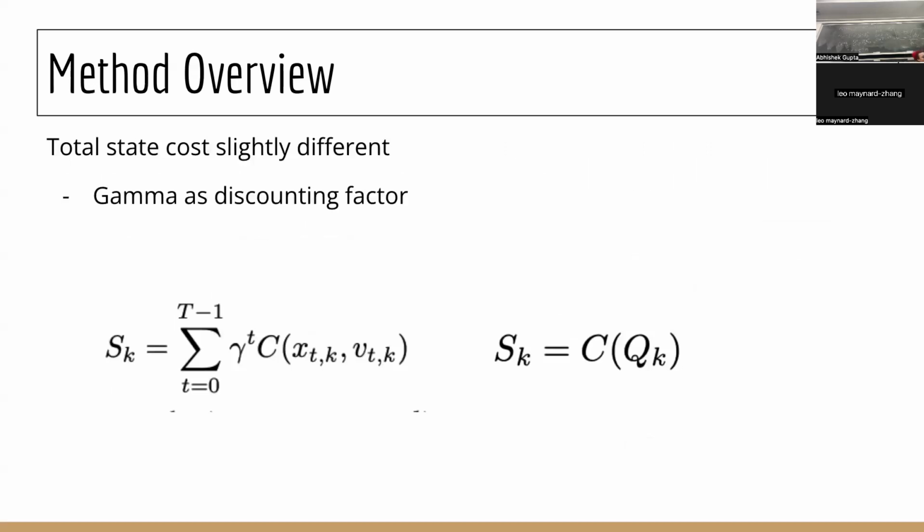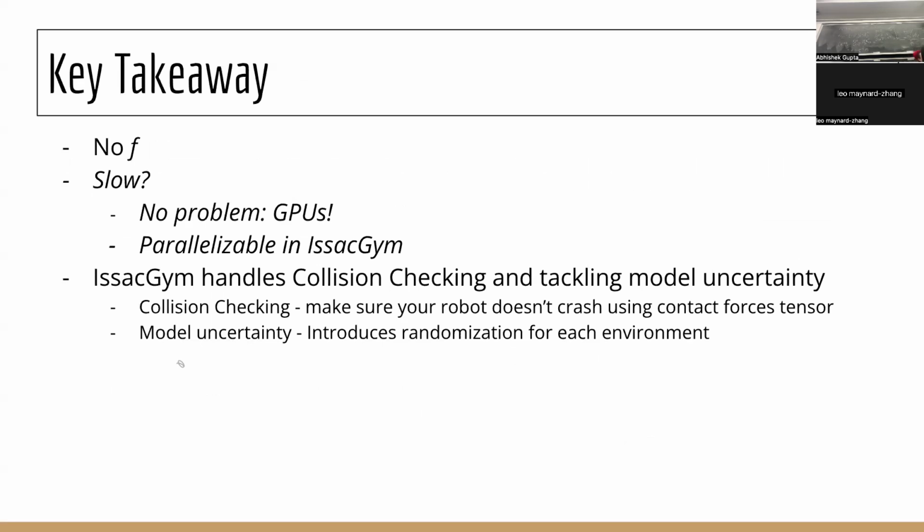Okay, and I also wanted to mention that they have a slightly different total state cost function in which they have this gamma discounting factor. And what it's saying is that a reward received now is worth more to me than a reward received later. And then I think the key takeaway here is that we are not explicitly defining a nonlinear function f. Instead, Isaac Gym computes the next state for us.